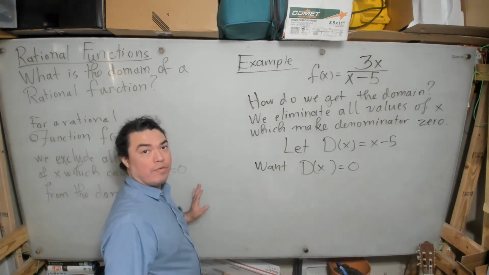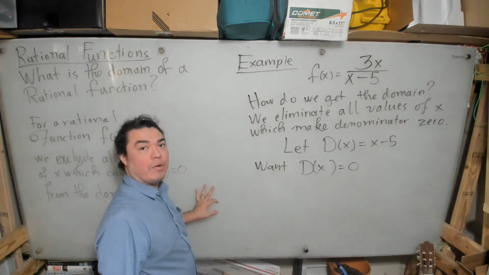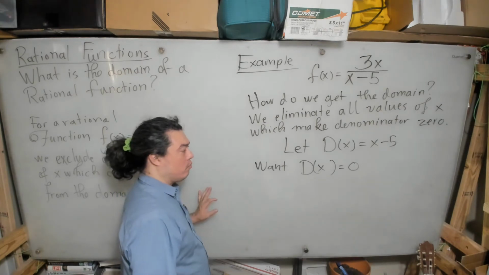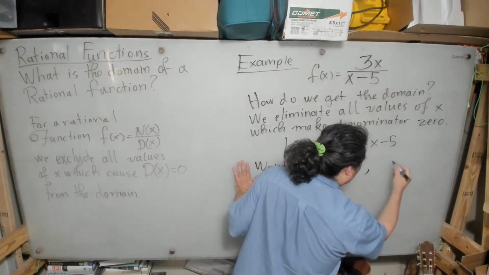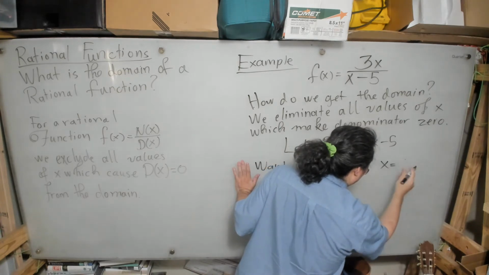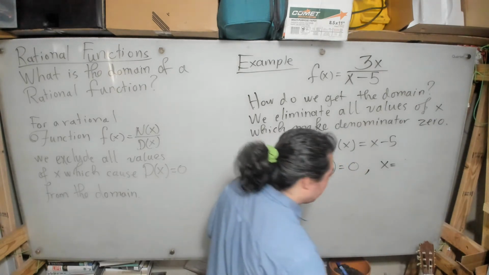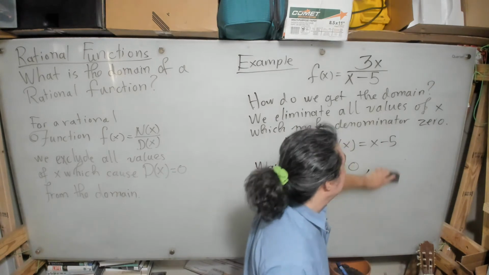Why? Because if we find the values of x that make this true, then we will eliminate those values. If d of x is 0, then this means that x minus 5 must be equal to 0. Oops, I just miswrote that.